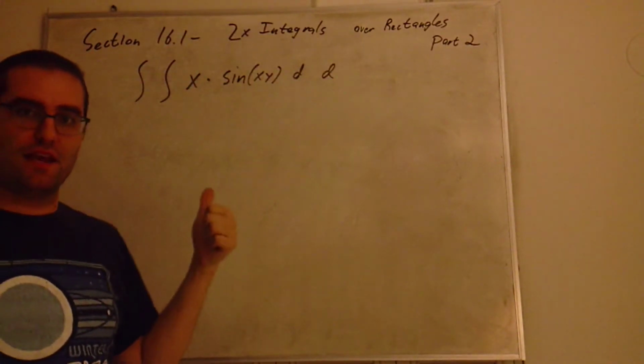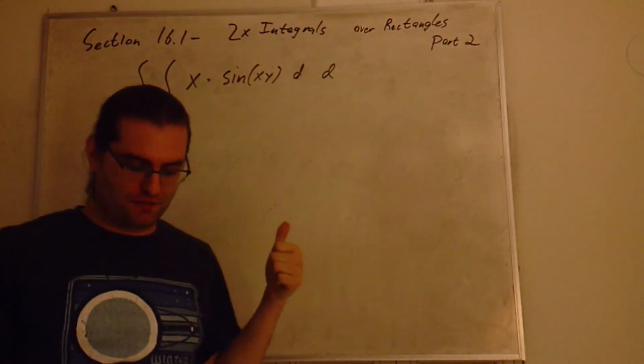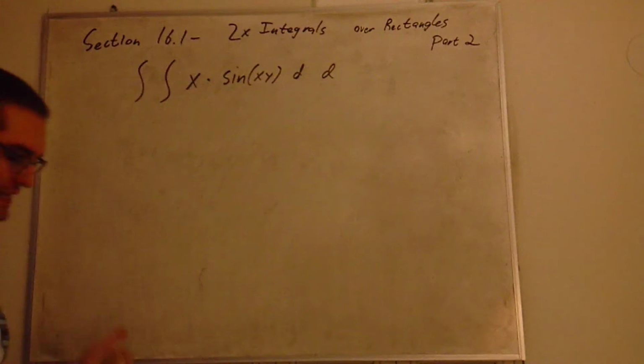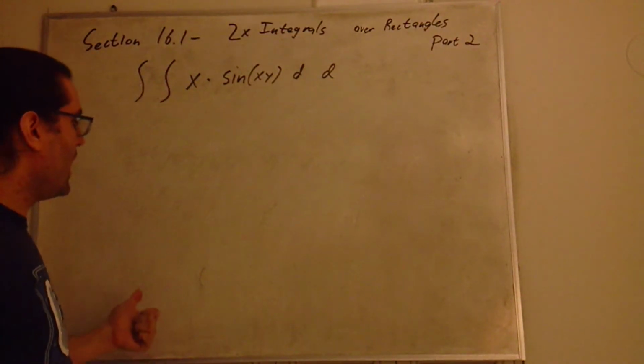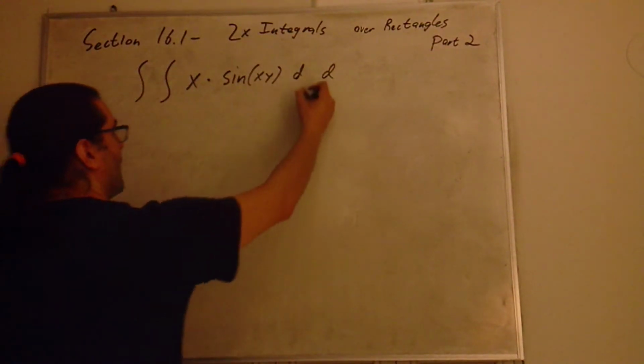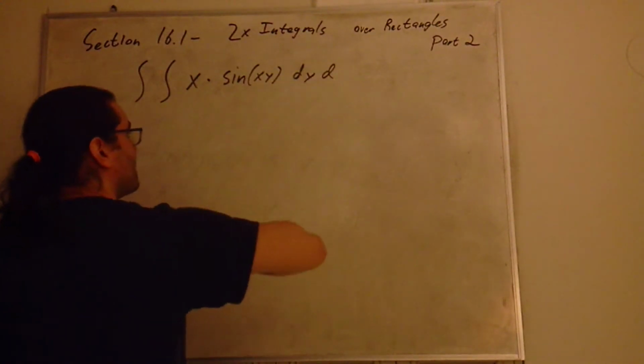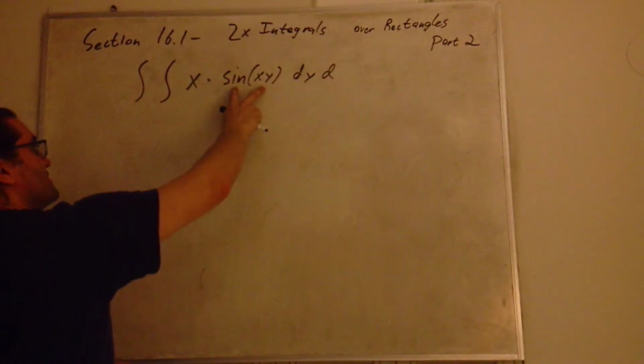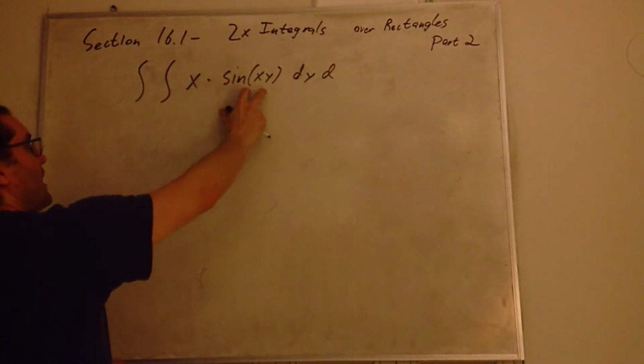And in this case it's going to be really important because the order in which we choose is either going to make this thing really, really difficult or really easy. I think we need to integrate on y first because this is a composite function.